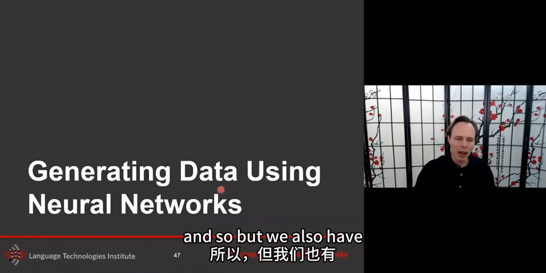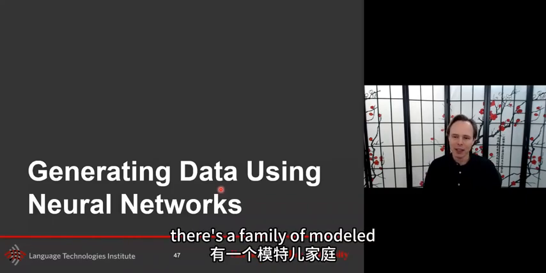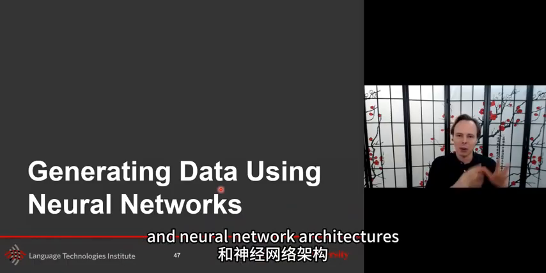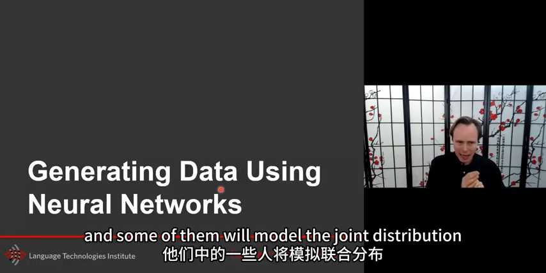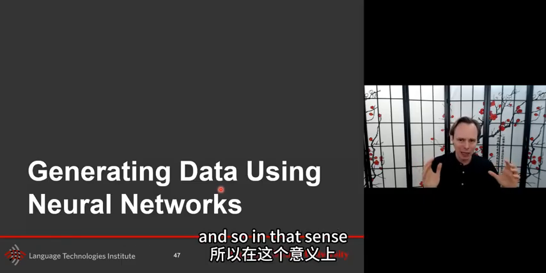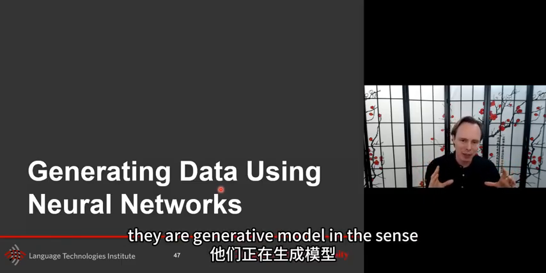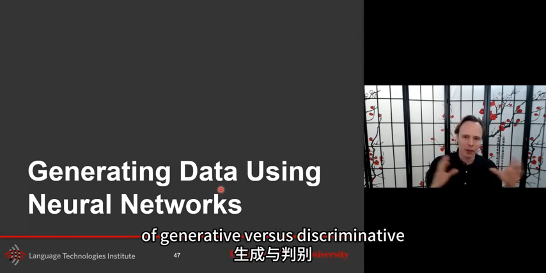But there's also a family of models in neural network architectures that are designed for generating data. Some of them will model the joint distribution, and in that sense they are generative models, in the sense of generative versus discriminative.